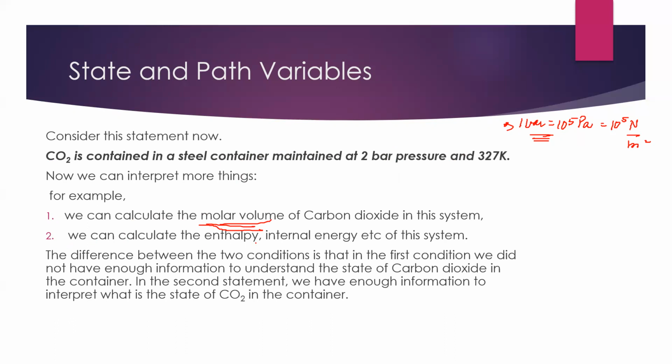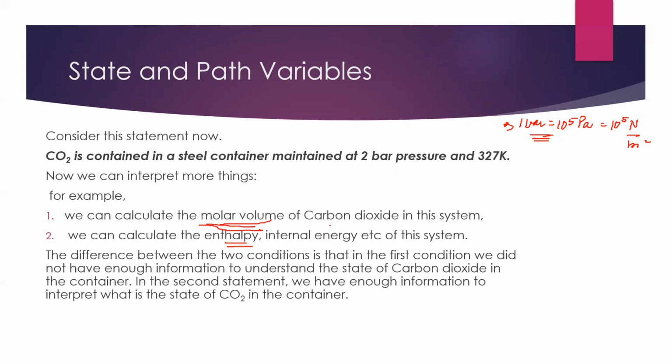And then we can also calculate its enthalpy, internal energy, etc. These variables we've not really introduced, so I'll not get into too much detail for now. But yes, in simple terms, just by adding the pressure and temperature of the system, you can get a lot of information about the system.